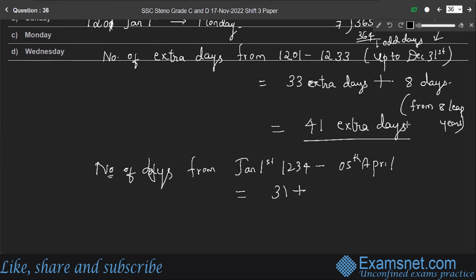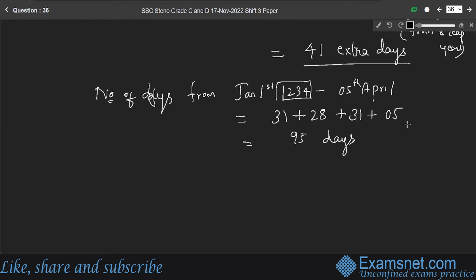Since 1234 is not a leap year, we are considering only 28 days in February. In March, 31. And in April, only 5 days. So together it is 31 plus 28 plus 31, which is 90, plus 5, 95 days in the year.